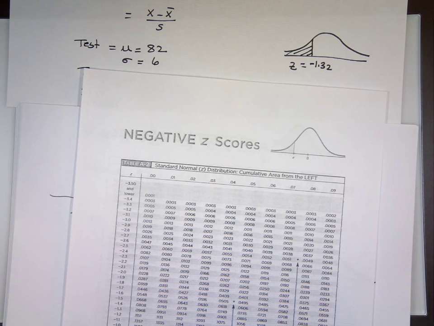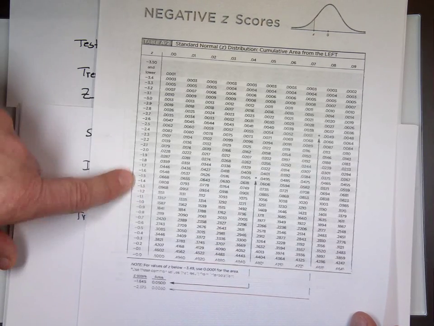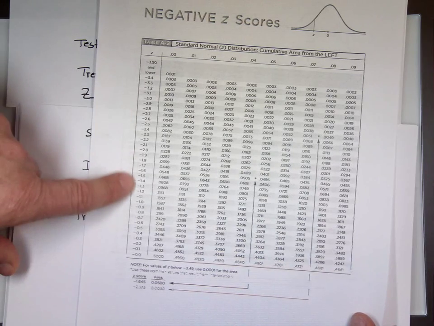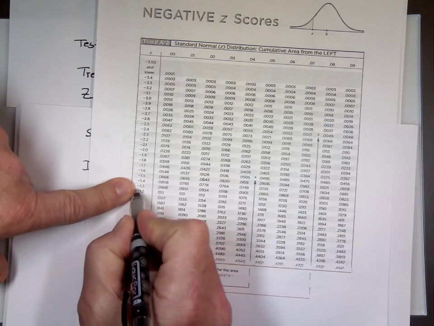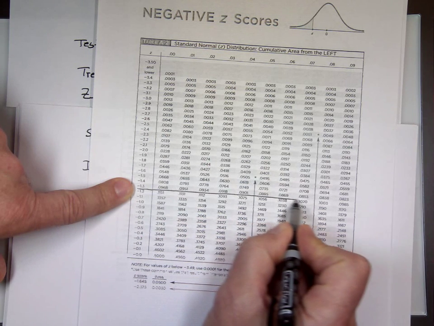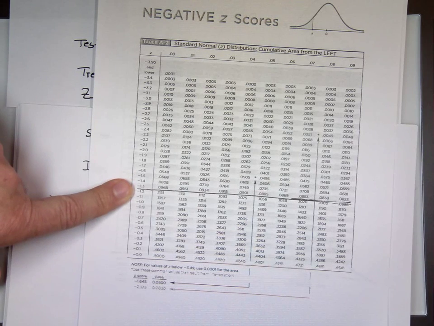One is positive, one is negative. So find the negative side. This side here carries the first decimal place. So you find the negative 1.3 on this side. This entire row is negative 1.3.